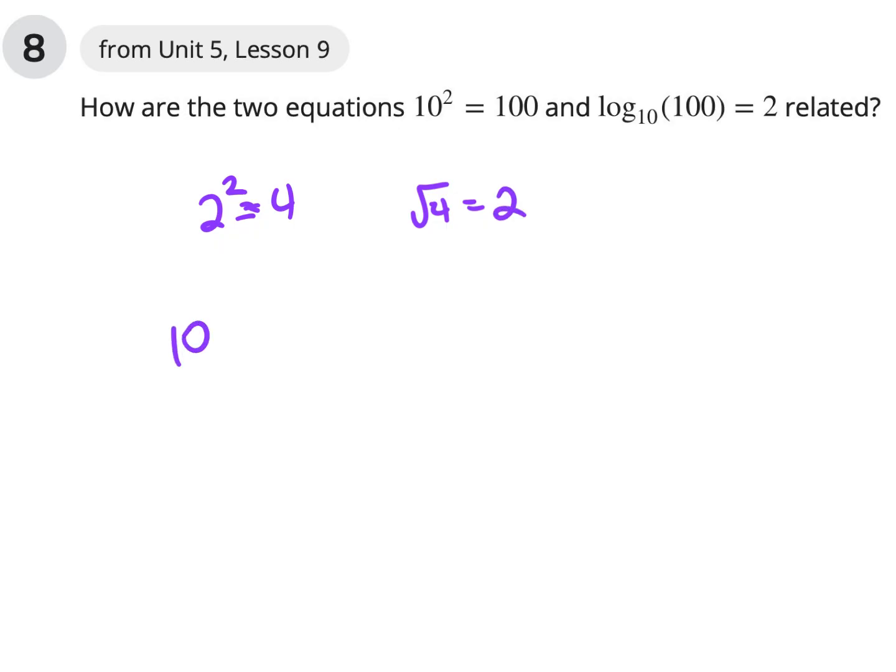Exponentials are like squares, and then log is the inverse. Logs count the exponent. So whatever your base is, count the exponent to get the answer. And remember, in logs, the exponent and the answer switch.